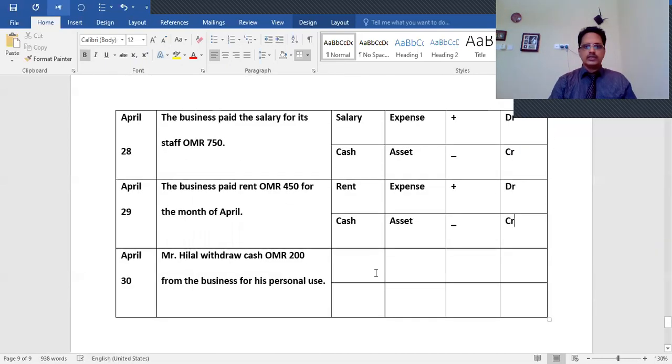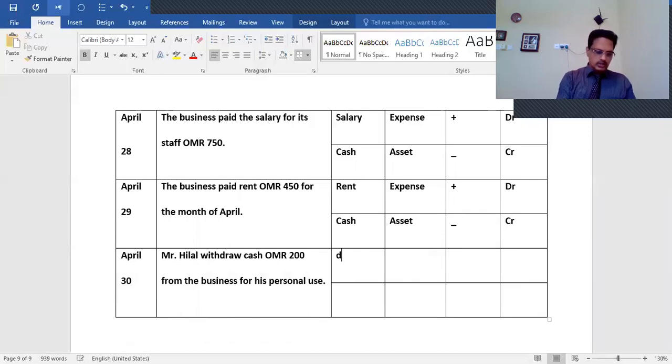Now the last one: Hilal withdrew cash of 200 riyals from the business for his personal use. Whenever you take money, goods or any asset from the business for your personal use, it is called drawings.